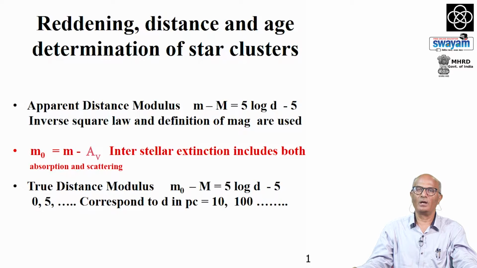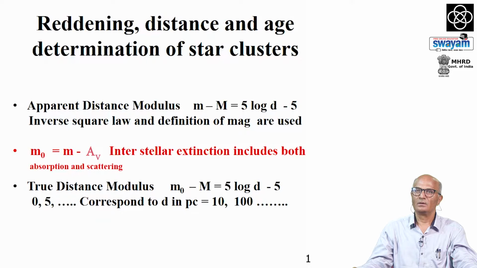So, today I am going to talk about determination of cluster parameters, namely reddening, distance and age, and after that I will also describe how they have been used to study galactic structure and distribution of interstellar matter in our galaxy.